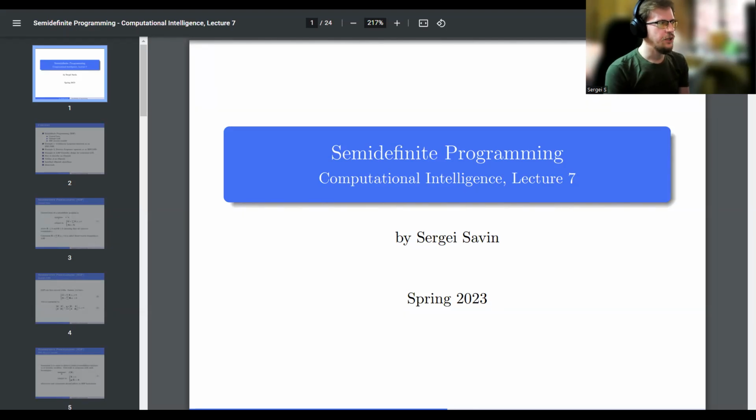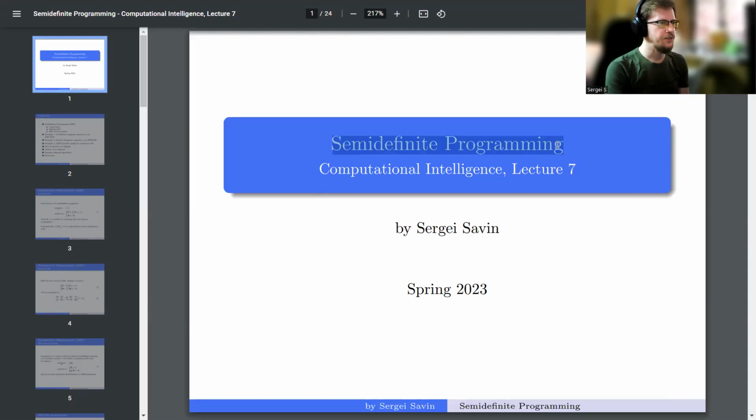We went to LP, QP, QCQP, quadratically constrained quadratic programs, SOCP, second order cone programs. Now we are at what we call SDP, semi-definite programming. SDP is going to be the last part.